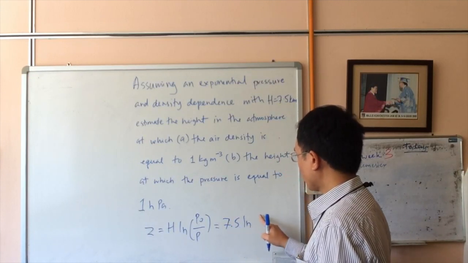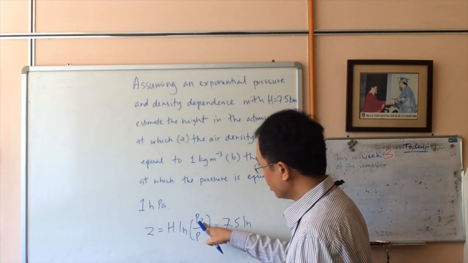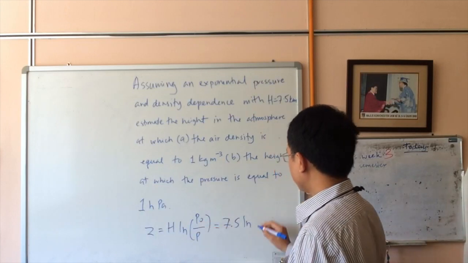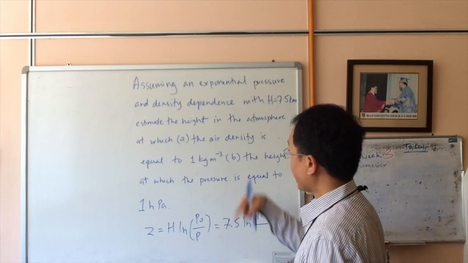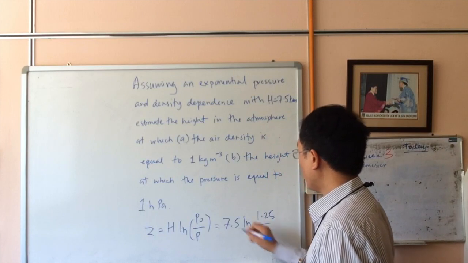kilometers. Natural log of P naught, where P naught is the pressure at the surface, or the density at the surface. It's 1.25, and the density at that height that we want to calculate is 1.